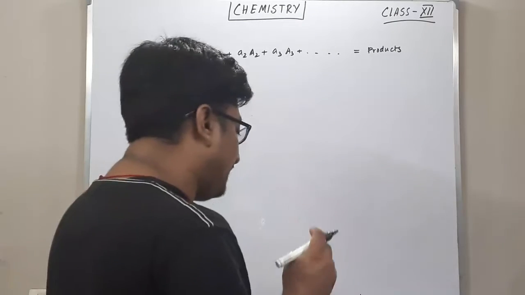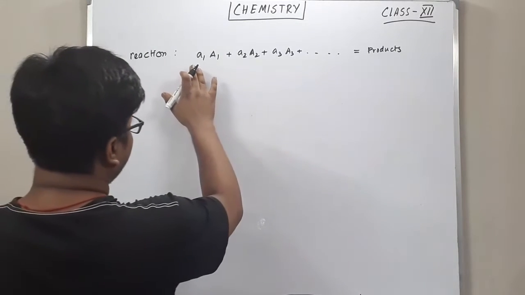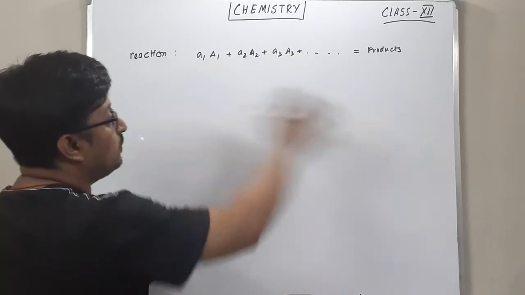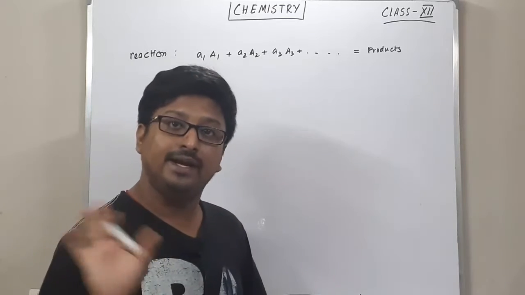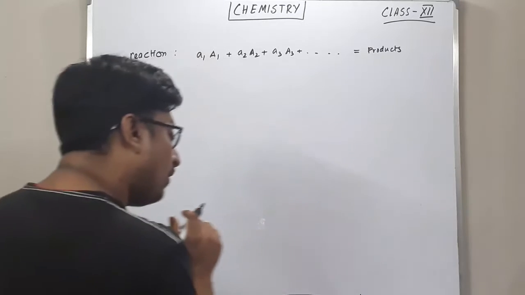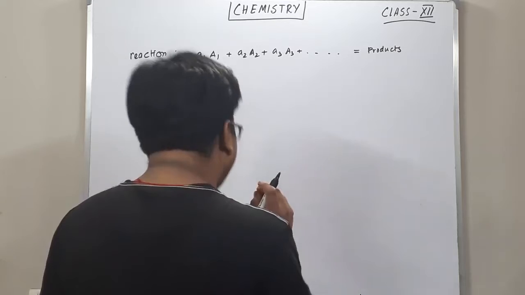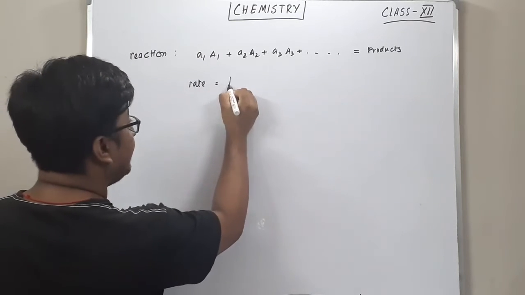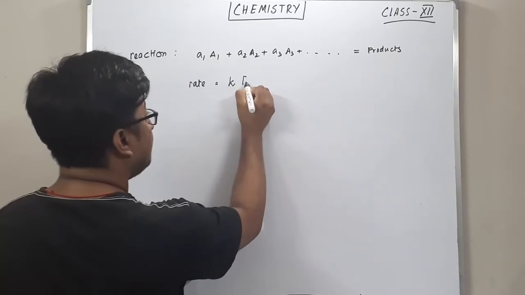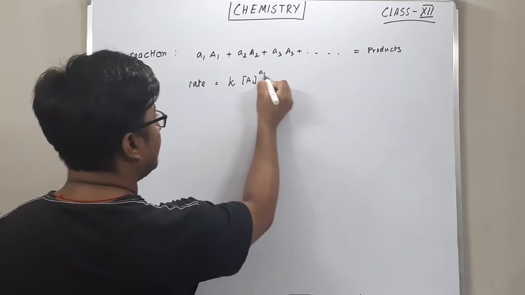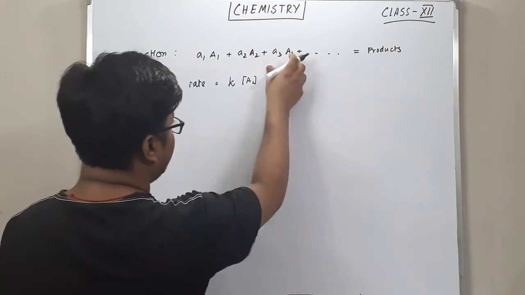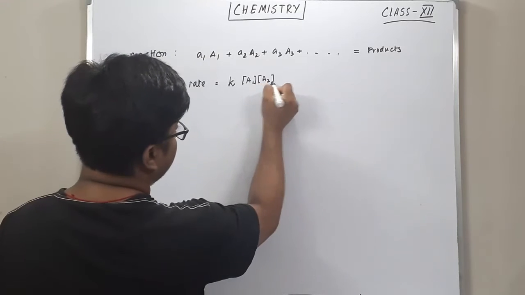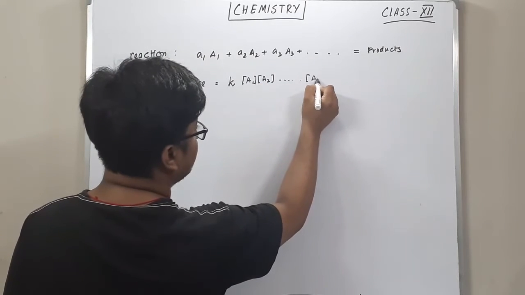One beautiful thing is that you can determine the rate with respect to any of the reactants. The rate of the reaction is the rate constant multiplied by the concentration of A1, multiplied by the concentration of A2, and so on up to An.